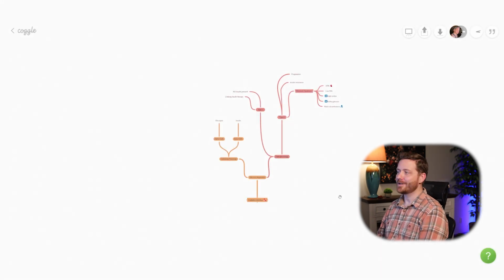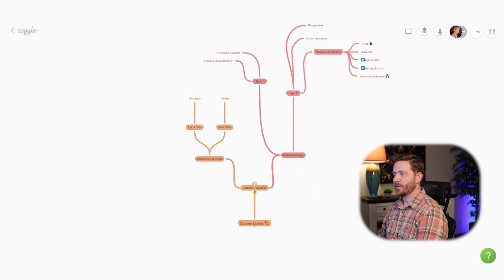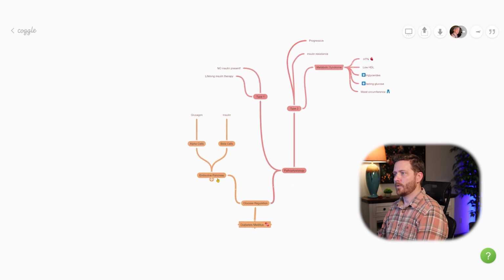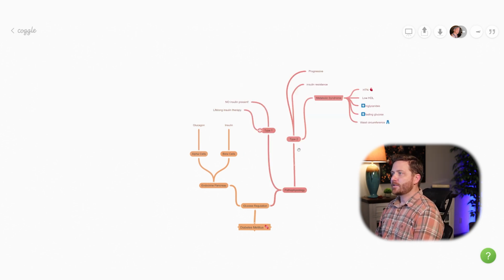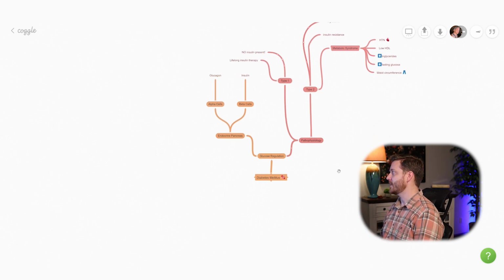All right, so we're coming out nicely here. We've got our glucose regulation with our endocrine pancreas, our alpha and beta cells. And so we got our type 1 and type 2 up here now, and just with a couple high yield facts, just seeing how this all ties together.